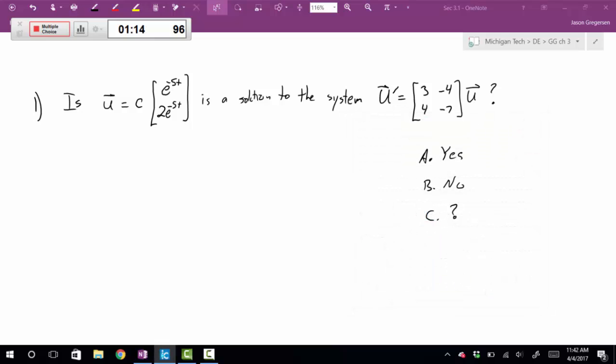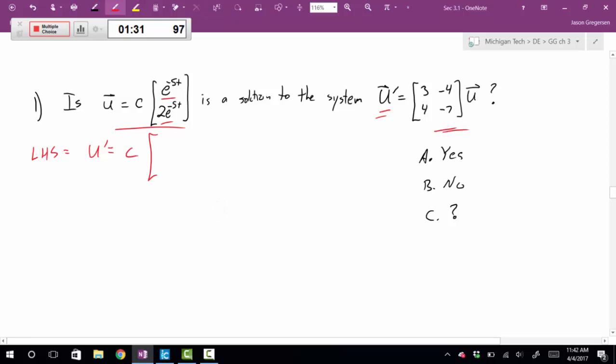Let's check it. I've got to plug it in and see if the left side equals the right side. That's the big idea. So let's look at the left-hand side. Calculate the derivative. This is my u. u prime is just going to be the constant stays there, derivative of each piece, I have negative 5 e to the negative 5t, negative 10 e to the negative 5t. Then I've got to calculate the right-hand side.